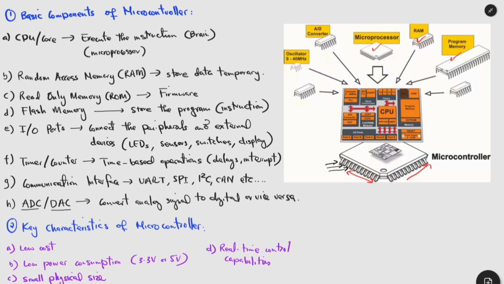And because it has a low power supply, we can have a microcontroller running on 5 volts or 3.3 volts that will power all the operations of this particular microcontroller. And because this power supply powers the chip, all of these functions such as the memory and the CPU will get their power from the 5 volts or the 3.3 volts power supply.